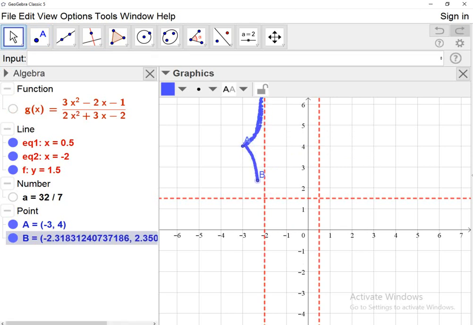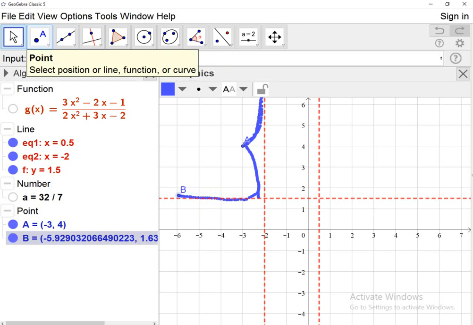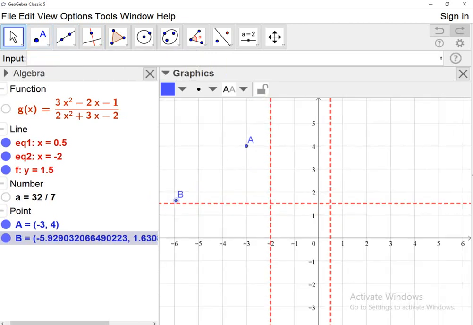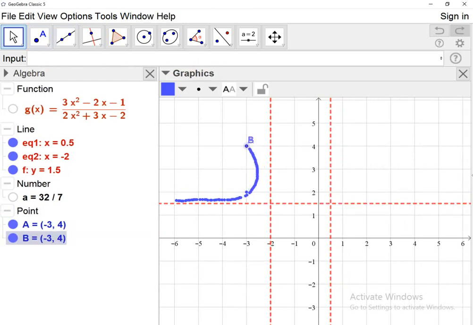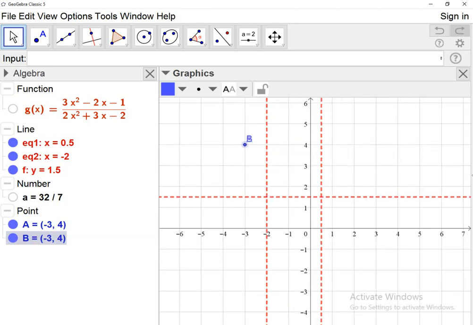But if it goes this direction, what's it going to have to do? It's going to have to do something like that. So it would have gotten sucked close to that asymptote and then turned back. What does that violate? Vertical line test. So that's not a function anymore, right? So that point can either go up or it can go down, but if it goes down, what do I cross?